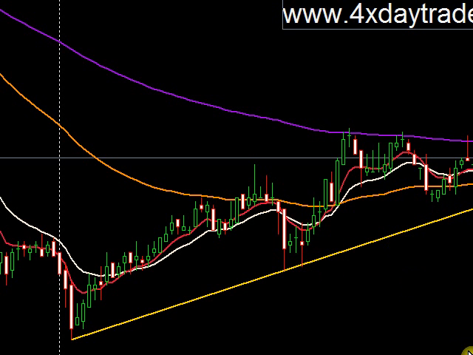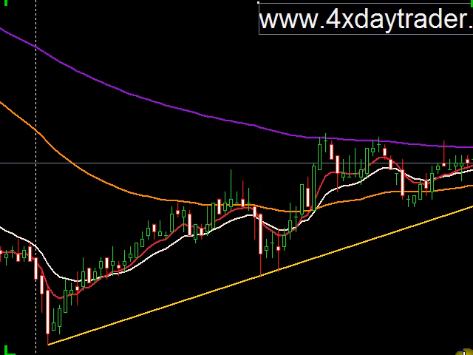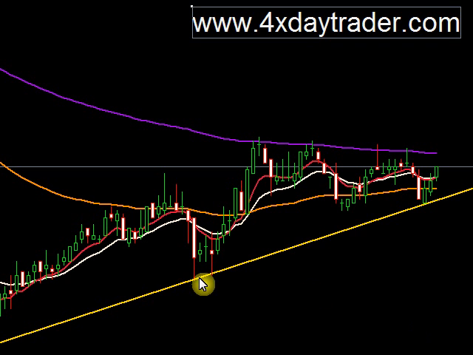Now, if I was following this market, typically what I like to do so I can keep up with the current trend, you notice we had another swing low right here, and then the market took off. So I might do something like this.